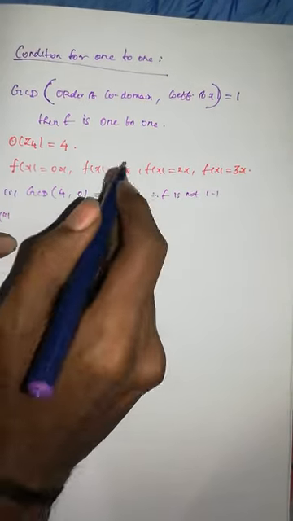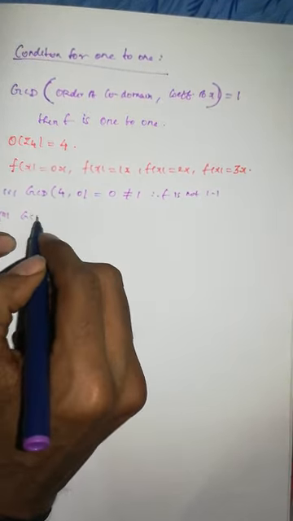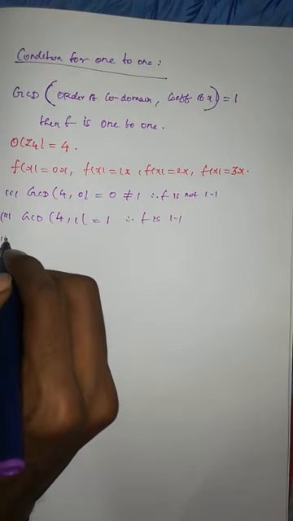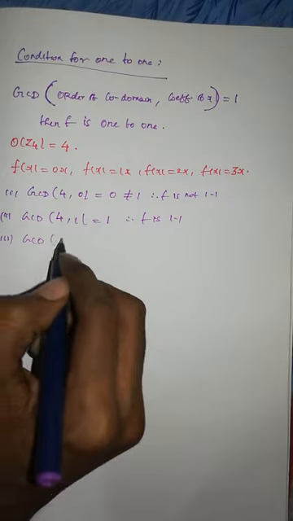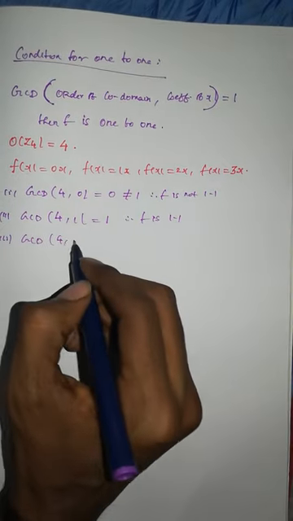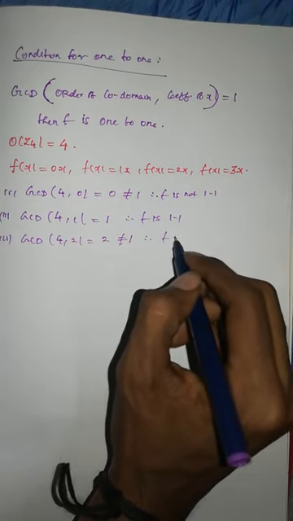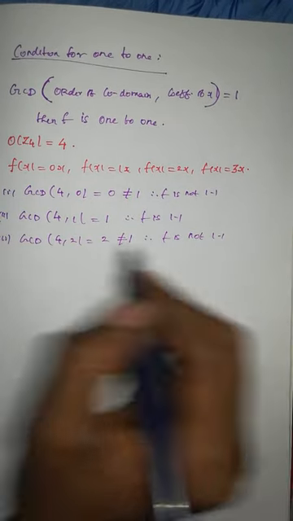Now the second function: GCD of 4 comma the coefficient of x, which is 1, is 1. So f is 1 to 1. Now third, GCD of 4 comma the coefficient of x, which is 2, is 2. It is not equal to 1. So f is not 1 to 1.